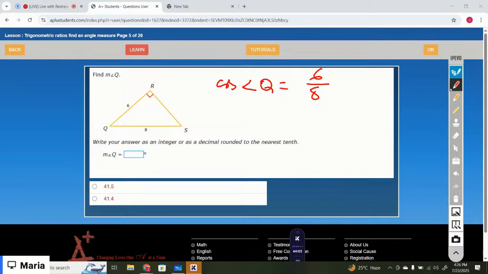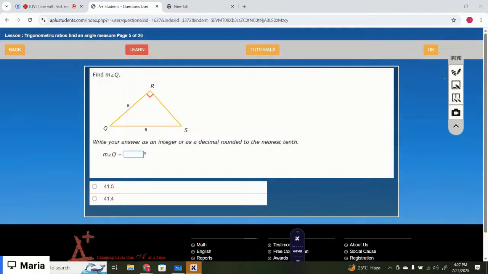So cos inverse of 0.75 is 41.4 degrees. Option number 2 is the correct option. That is 41.4.